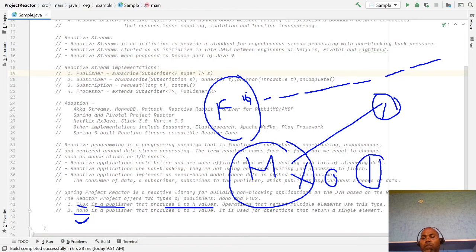There are two cases: Mono has a value or does not have a value. But in the case of Flux, it can have multiple values, publish multiple data, or publish nothing.